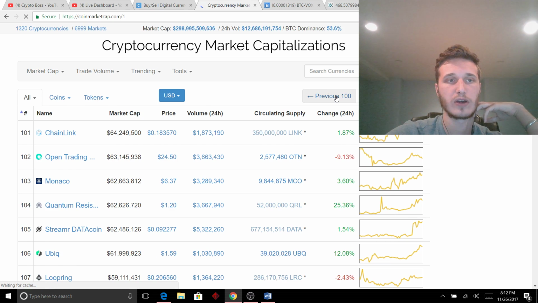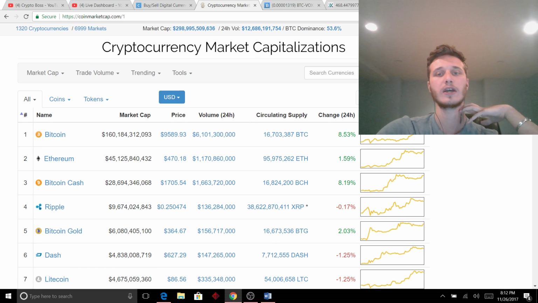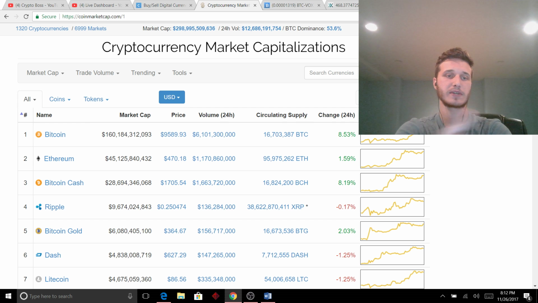So that doesn't mean that there's no coins that are good past 300. You just want to be more careful about those coins, because when they're that low cap, that usually just means that they haven't proven themselves yet.